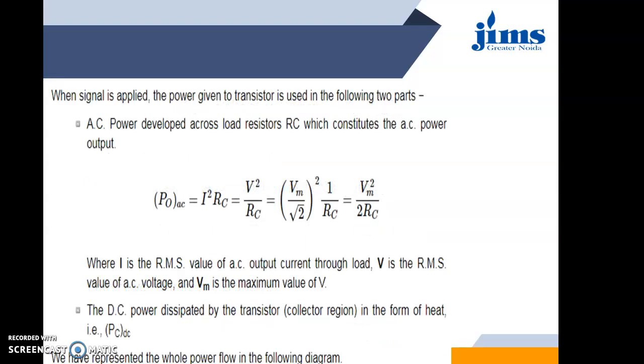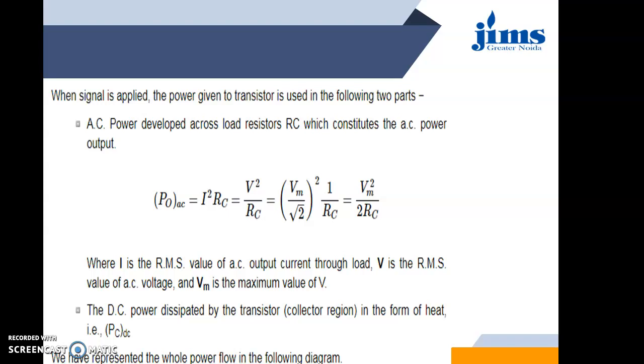Now the output useful AC power is given by P out AC. It is given by I square RC, and this is V square by RC. Since it is an RMS power, it is Vm by root 2 whole square into 1 upon RC, so it is Vm square upon 2 RC.